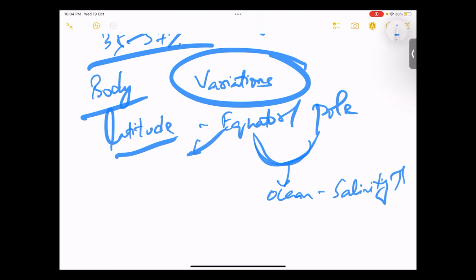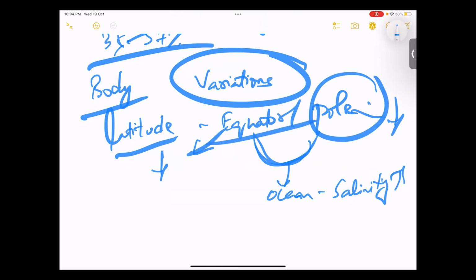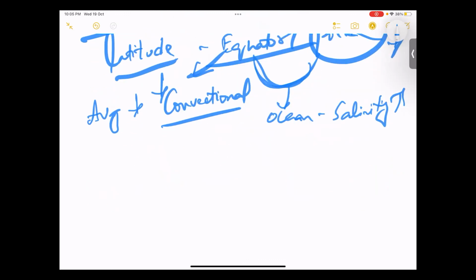But at the equator it is less, and at the pole also it is less, because at the pole the water is in a frozen form, and the fresh water content is more. At the equator, because of continuous convectional rainfall, a lot of water mixes with the oceans near the equator, and hence the average salinity is less.